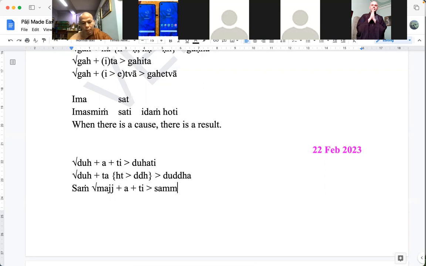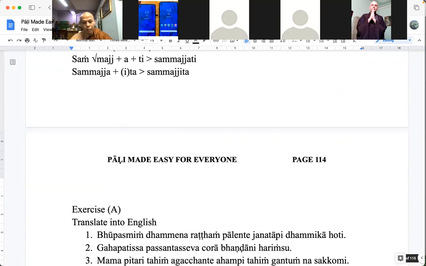We don't need to change any of the marks. So sammajjati, that is the verb form. But for the past participle, the base is sammajja, and then ta. Before the ta, i is inserted. So sammajjita. So that is from the base. But another one is from the root.